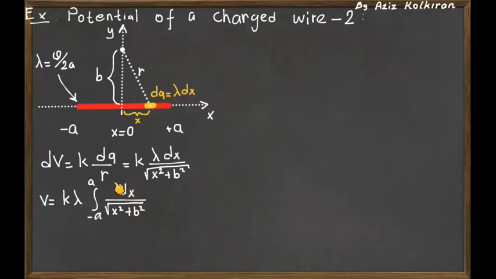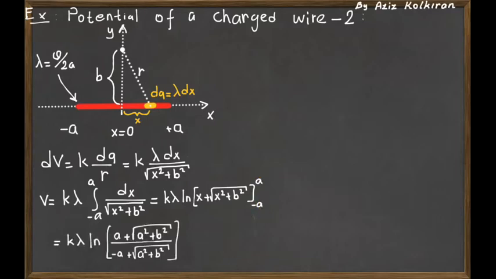The integral of this quantity can be found from integration tables, or by using a change of variables. It is simply the logarithm of x plus the square root of x squared plus b squared, evaluated at the endpoints of the integration.